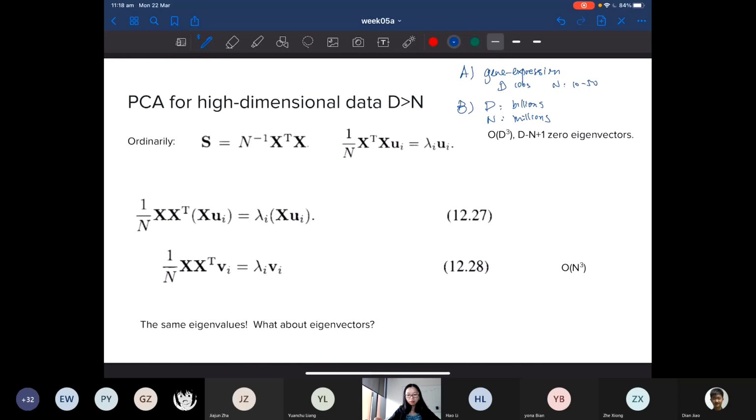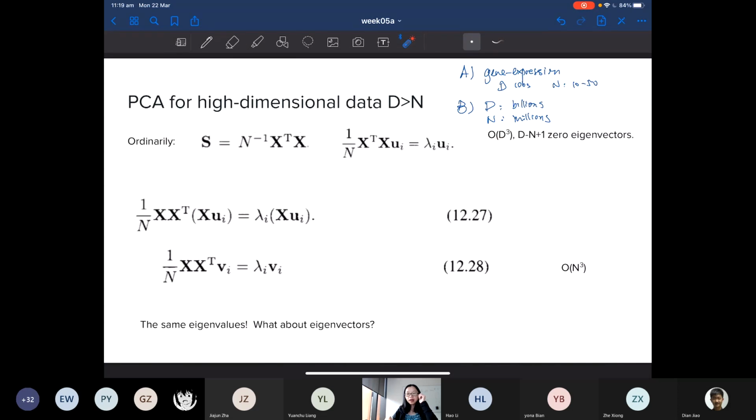So ordinarily, this is just the covariance matrix we've been staring at today all the time in matrix form. And this is the eigenvalue expression we've been staring at again in matrix form. Right, so if we have D greater than N, we know that solving for all D eigenvectors is bad, especially when D is in billions.